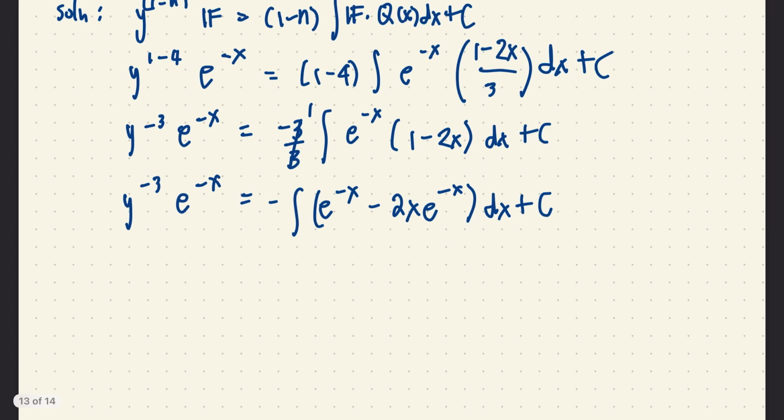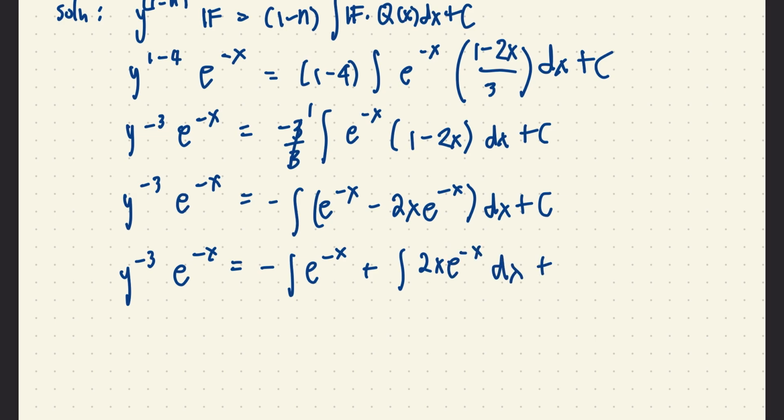You can integrate them separately. Y raised to negative 3 e raised to negative x is equal to, we can distribute the negative sign as well, negative integral of e raised to negative x plus the integral of 2x e raised to negative x dx plus c. There's also dx.